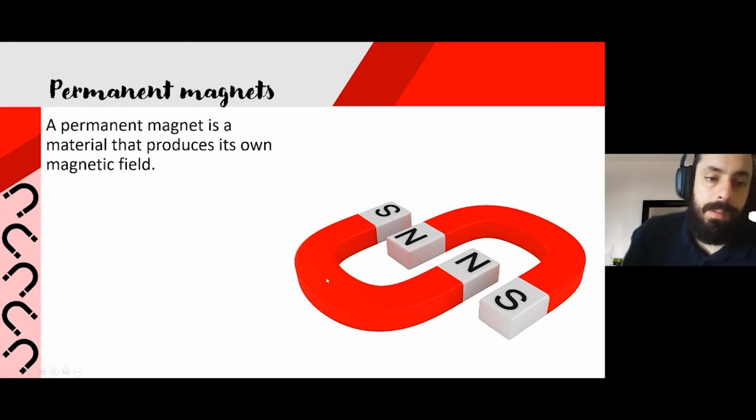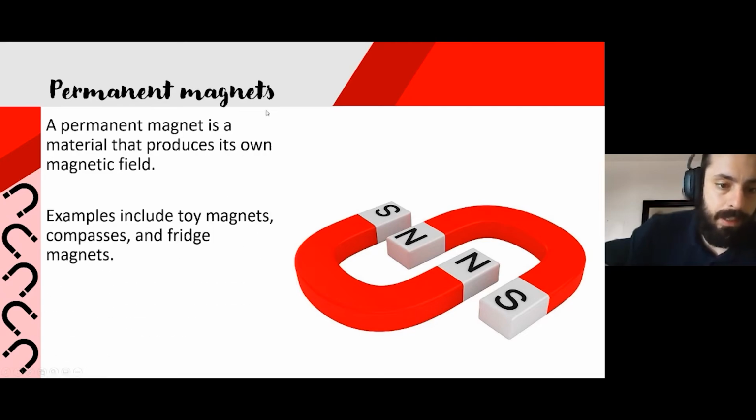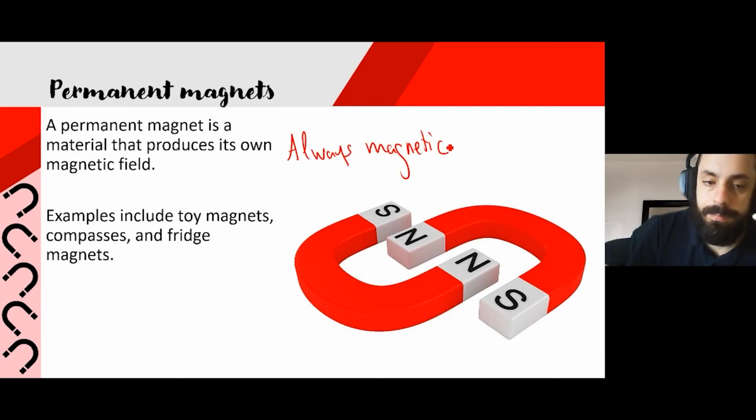So, permanent magnet is always magnetic. Okay, so most important thing, always magnetic. Some examples: toy magnets, compasses, and fridge magnets.